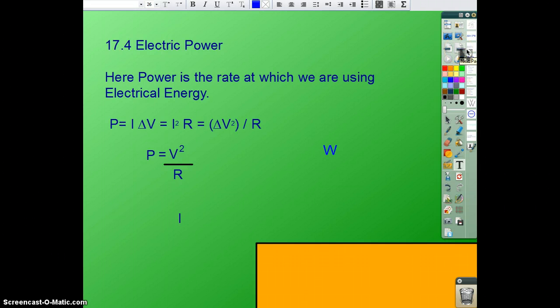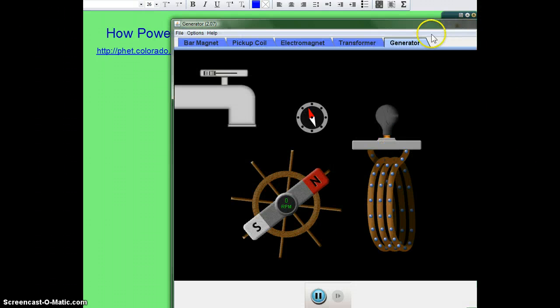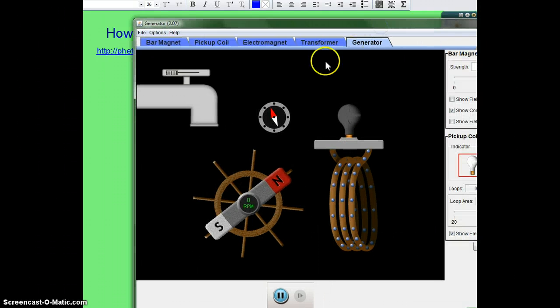Let's take a moment and talk about something else that's very important, and that is how power plants work. The first basic principle is how a generator works. In every kind of power plant except solar, you have a turbine, and a turbine is nothing more than a magnet that spins within a coil of wires.